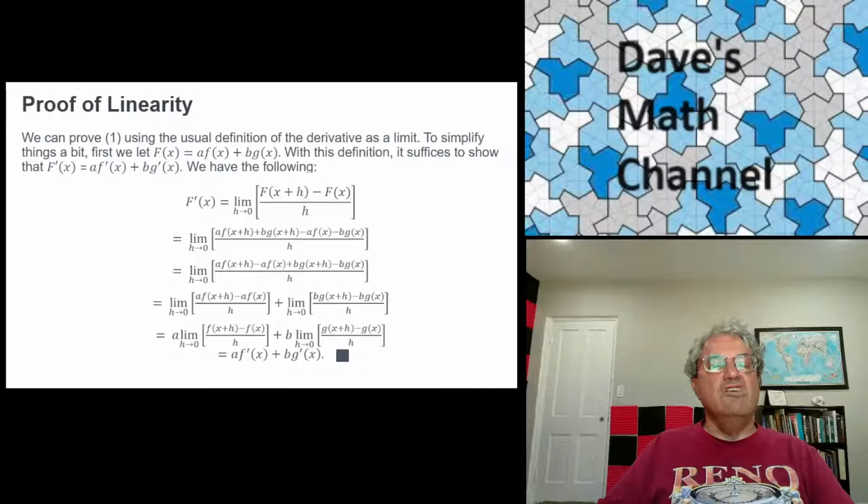You can always do that. The limit of u plus v is the same as the limit of u plus the limit of v. I think that's pretty easy to see. And so that's all I'm doing here. We're just splitting up the thing inside the brackets on the third line into two brackets.